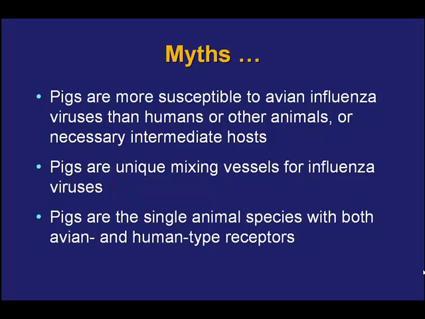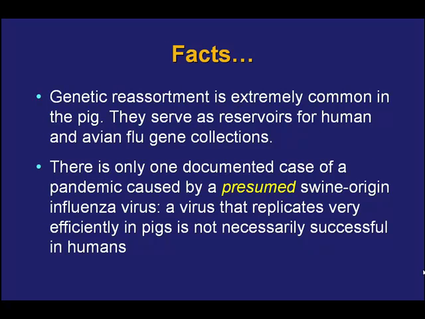And we've learned that it is a myth that pigs are more susceptible to an entirely avian flu virus than humans or other animals, or that they are necessary intermediate hosts. It's also not true that pigs are the single animal species in which genetic reassortment may occur, or that they are the single animal species with both avian and human-type receptors.